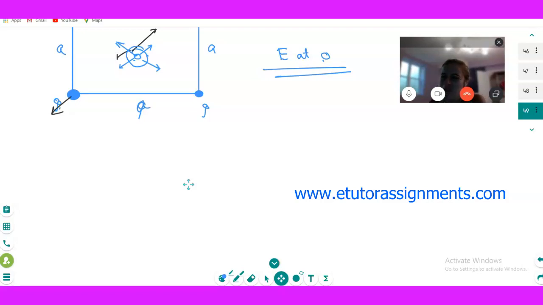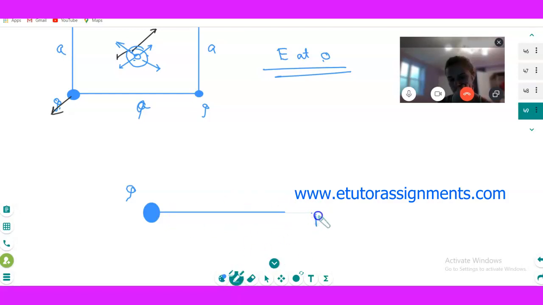Electric potential. See, suppose a charge is there here. What charge have I taken here? Q charge. It may be anything. Let us say some point we will take at some distance.